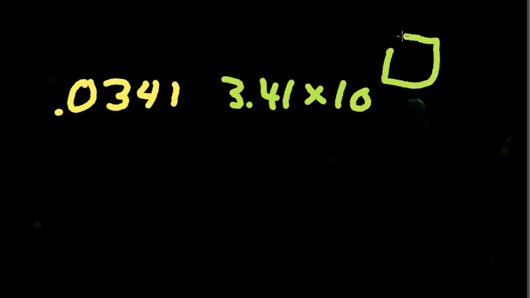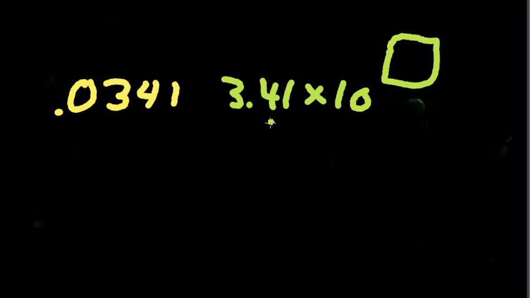So remember that our first step is to rewrite it with the number moving the decimal point. So I know that that has to look like 3.41 times 10 to a power, because it's going to have one number, a decimal point, and then the rest.